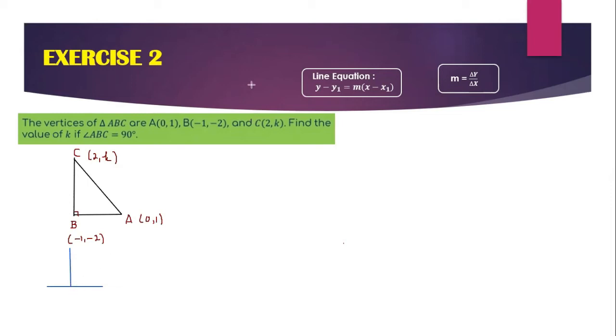Once again, line AB is perpendicular to BC.